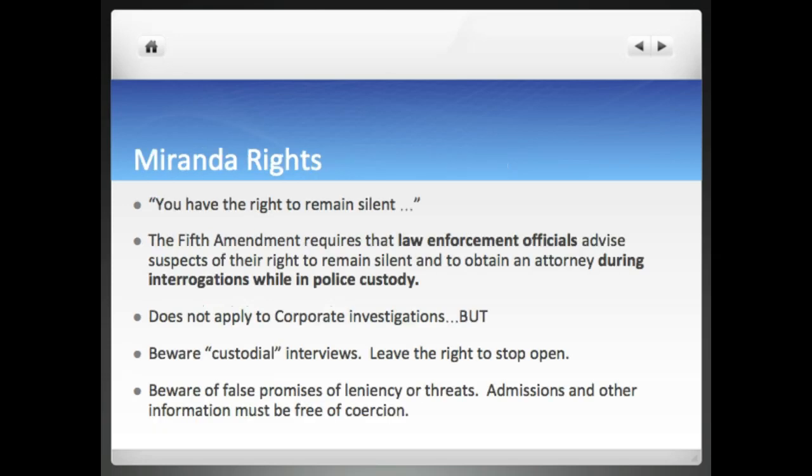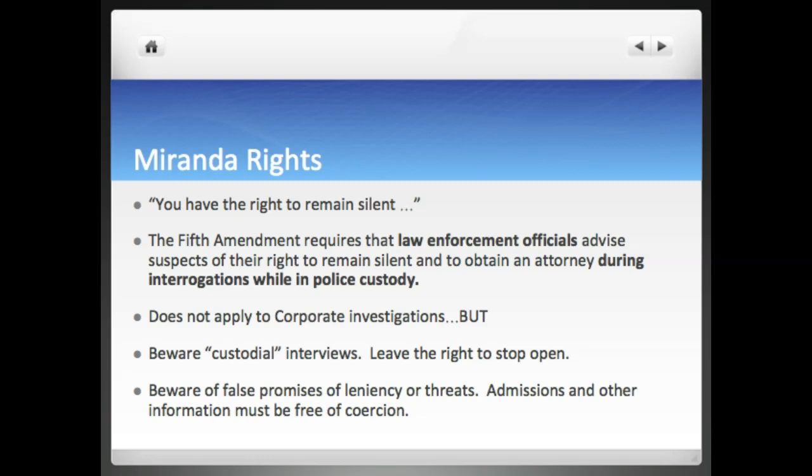The Miranda rights stem from actually a series of cases. One of the defendants' names was Miranda, and these defendants were brought in, I believe, in Arizona or New Mexico. They were brought in for questioning and they self-incriminated, but they did not know that they didn't have to do that. They assumed they had to answer all of the police questions without regard to the fact that they were incriminating themselves.